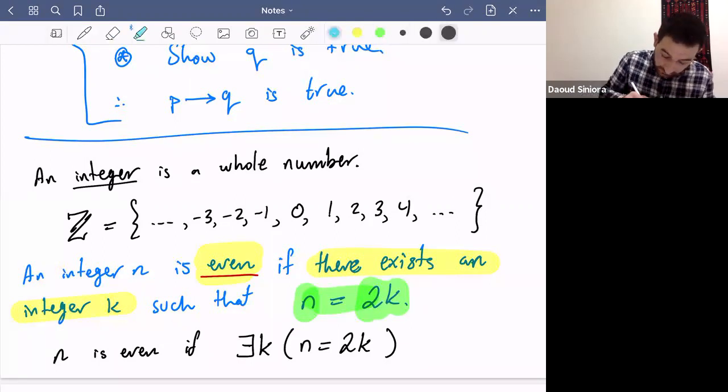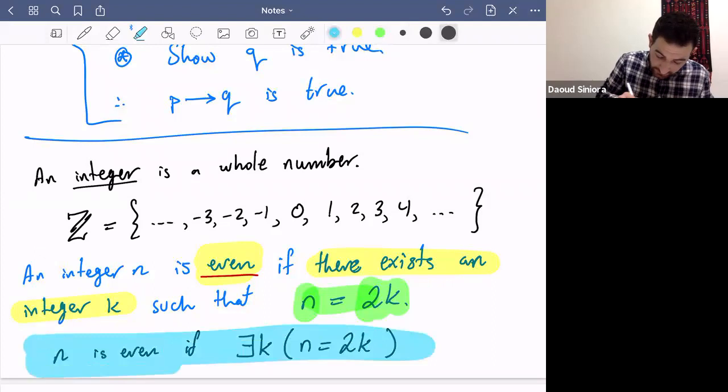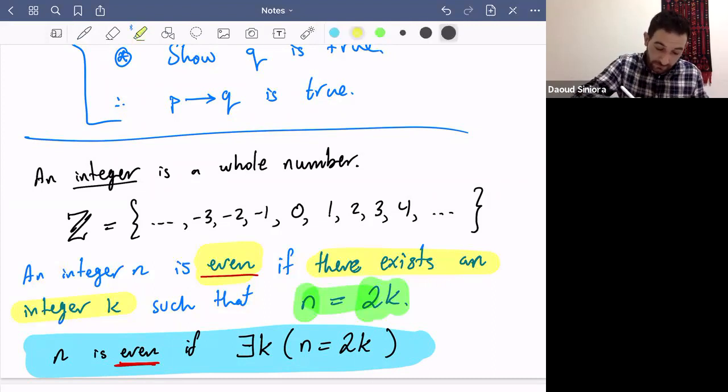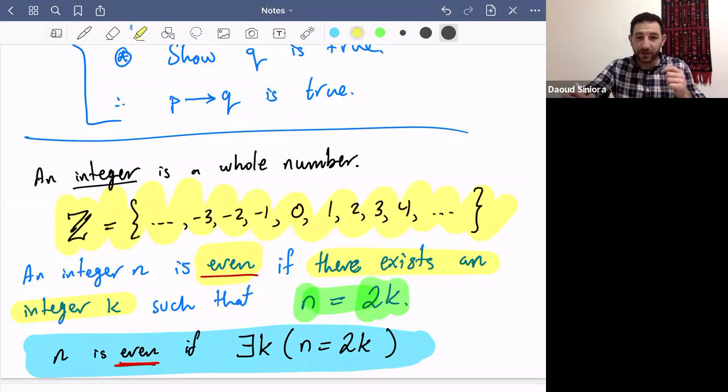So this is the term even. Again, n is even if we can go to the domain of the integers and find an integer k such that when we multiply it by 2, we get n. If we manage to find k, then n is even.